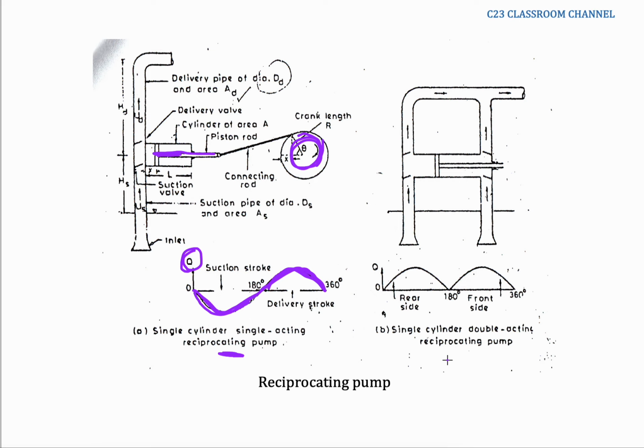However, for a single cylinder double acting reciprocating pump, we find that all the time there is water flowing in the outlet pipe. However, you need to understand that when the crankshaft starts to move from this point to this point, it actually creates a sinusoidal motion.